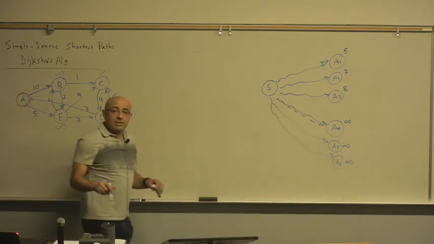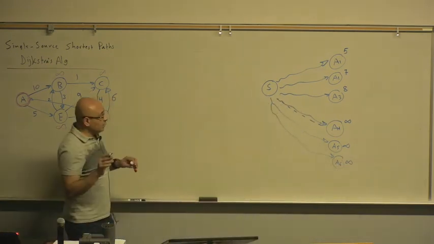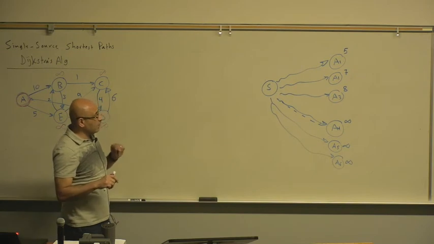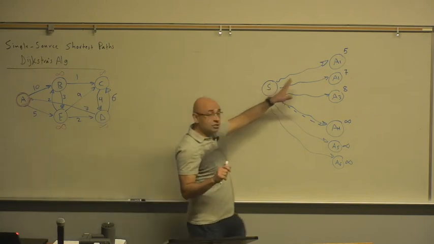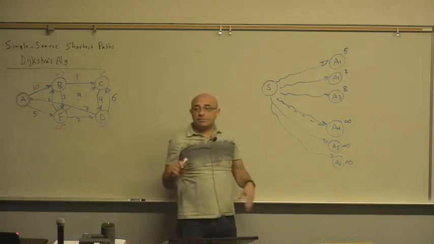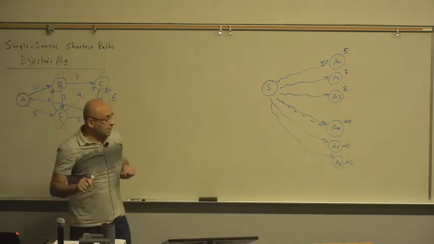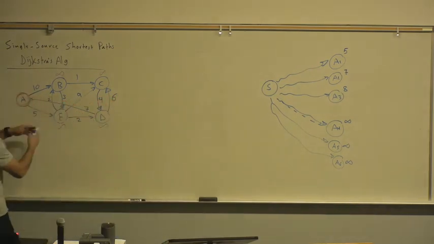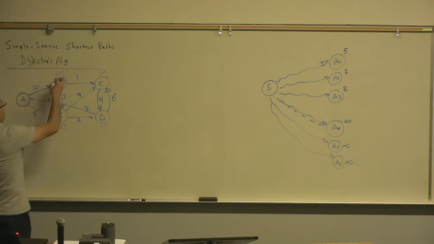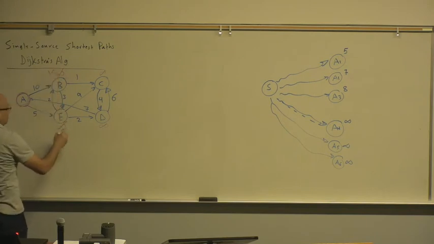So at any point during the algorithm, some of the vertices will have been reached, some of the vertices have not been reached yet. For example, in the beginning here, I have a distance of 10 for B, and I have a distance of 5 for E, and all other distances are infinity.